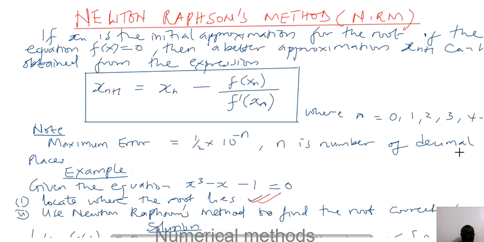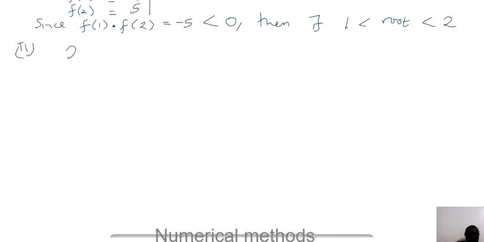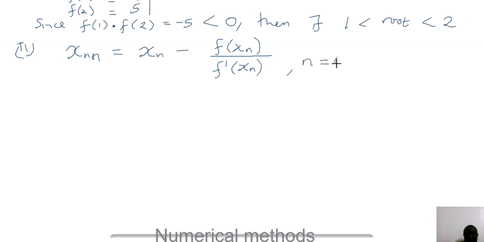So we know that xn+1 = xn − f(xn) / f'(xn), where n is equal to 0, 1, 2, 3, and those values continue.